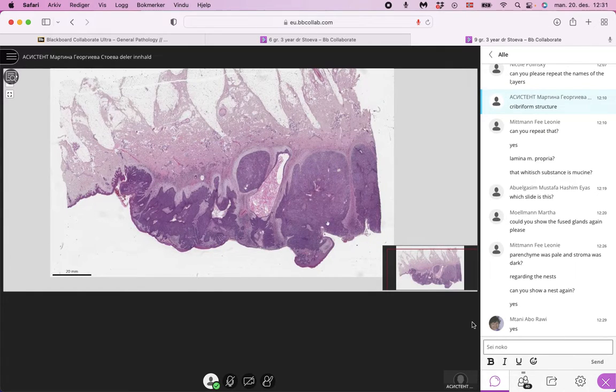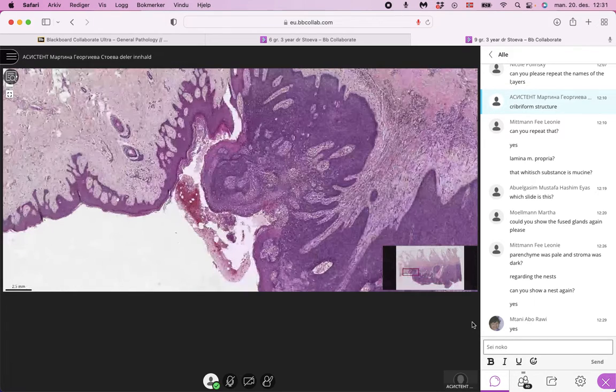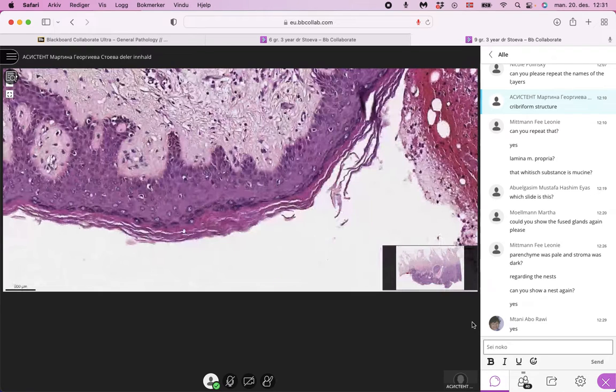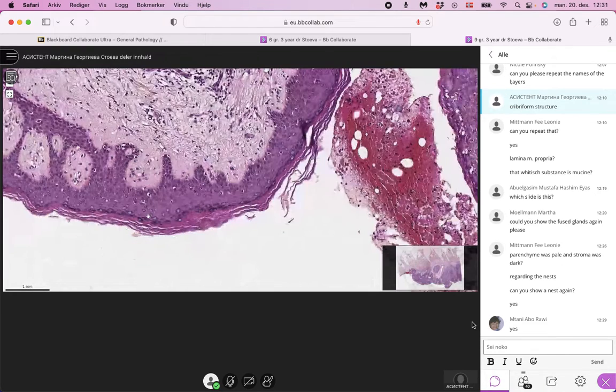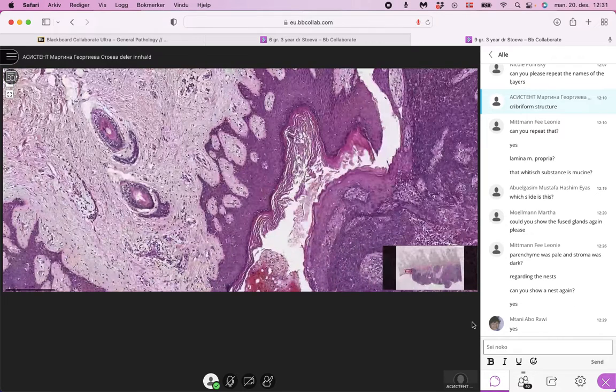It's the darker area of the slide because of the hyperchromasia of the tumor cells. So initially we'll zoom in on the left side where we can find the normal tissue, which is the skin again, because we see the keratinizing stratified squamous epithelium together with skin appendages.